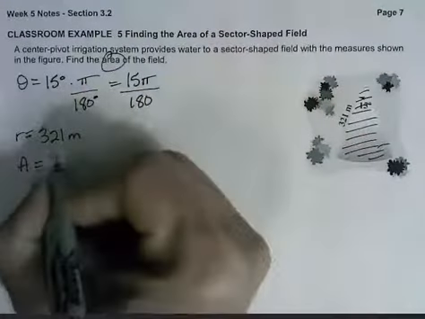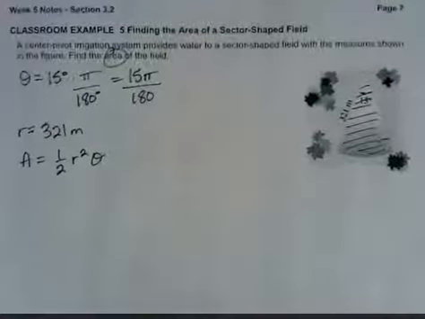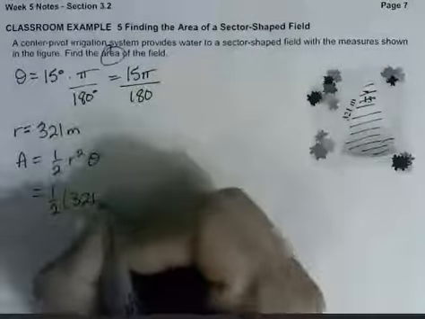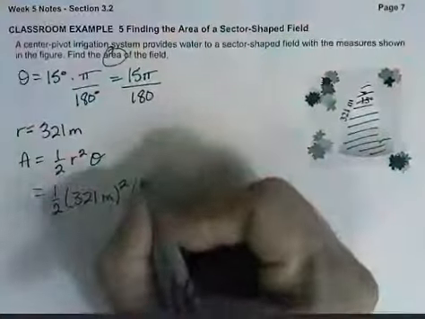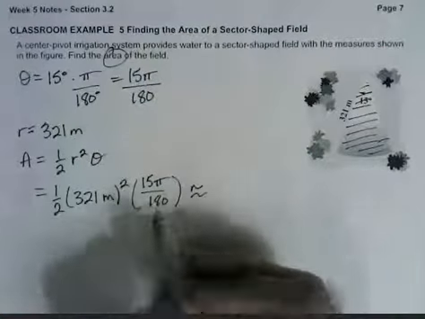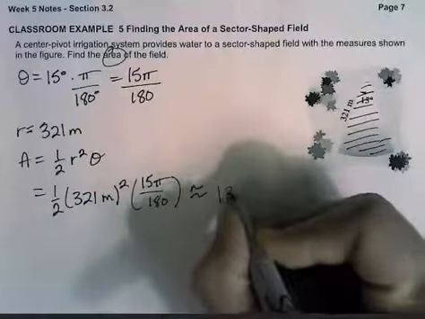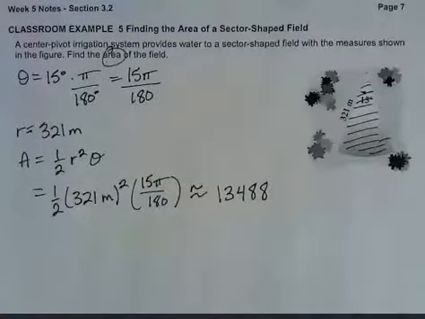Now this time they're asking for the area, so we want to be sure and use the right formula. This formula is 1/2 r squared theta. We can put in 321 meters for the r, and then our theta in radians is 15 pi over 180. I did all of this on my calculator, and I ended up with 13,488.